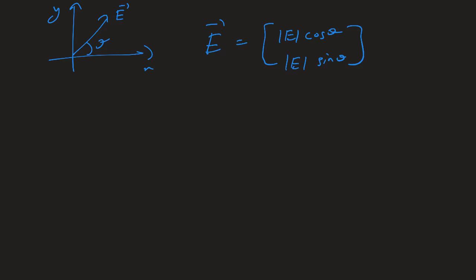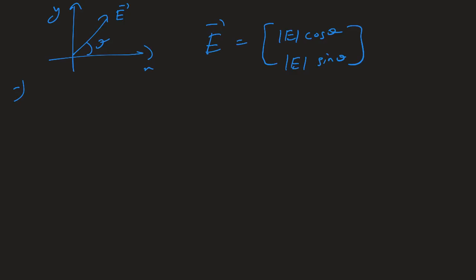So mod E cosine theta captures the component of the polarization on the x-axis, and mod E sine theta takes its projection on the y-axis. This is how you can represent it.